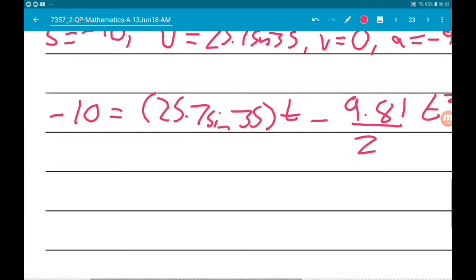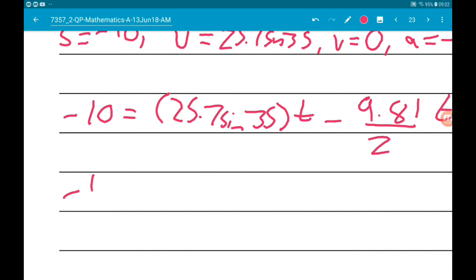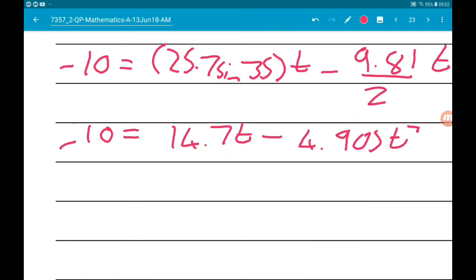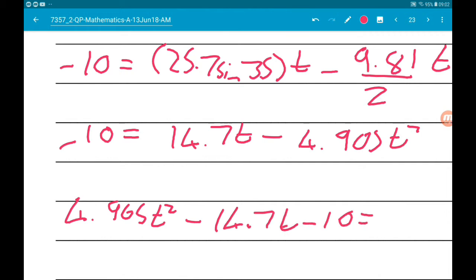So if we find those numbers, we get minus 10 is 14.7 t minus 4.905 t squared. It's quadratic. Get everything on the same side. So 4.905 t squared minus 14.7 t minus 10 is equal to 0.